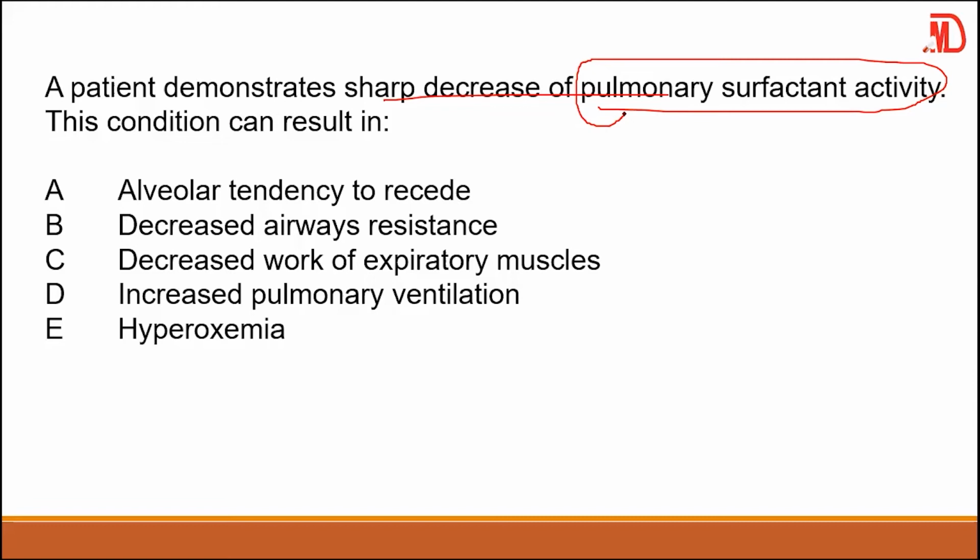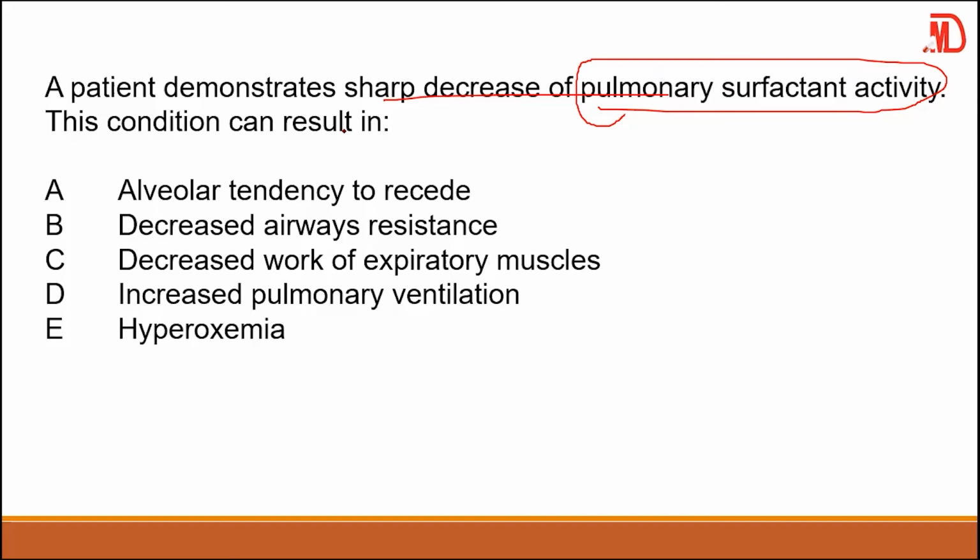All right. So this condition can result in, if you're having a surfactant deficiency, what it means is that, one thing the surfactant does is that it helps in surface tension. So it prevents collapse of the lungs. If you're having deficiency of the surfactant, that means surface tension will be impaired. And when surface tension is impaired, the lungs can collapse. And the reason it is collapsing is because the lung cannot open back.